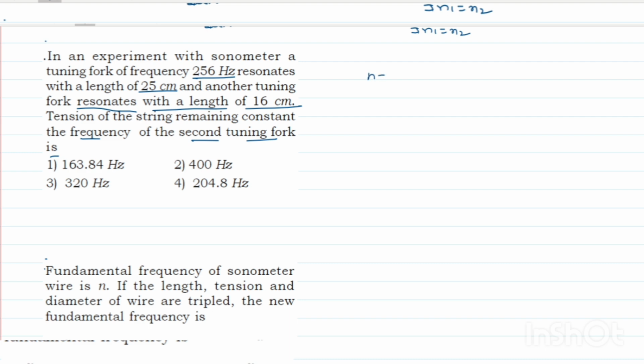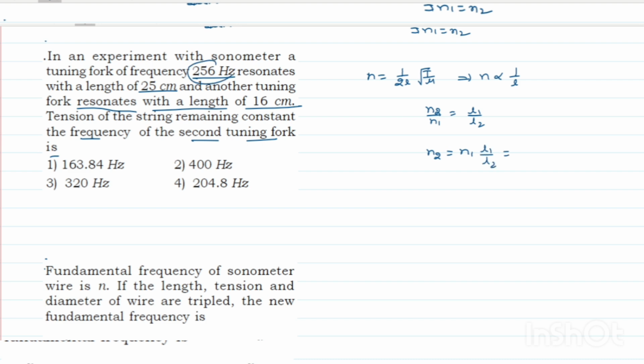That means n equals 1 by 2L into root over T by mu, which is nothing but n is inversely proportional to L, students. Here n2 by n1 equals L1 by L2. So n2 equals n1 into L1 by L2.